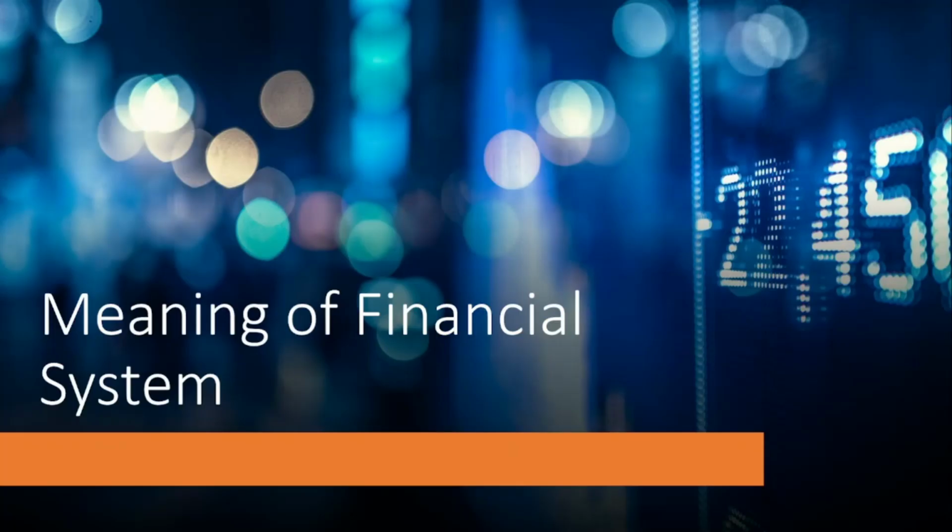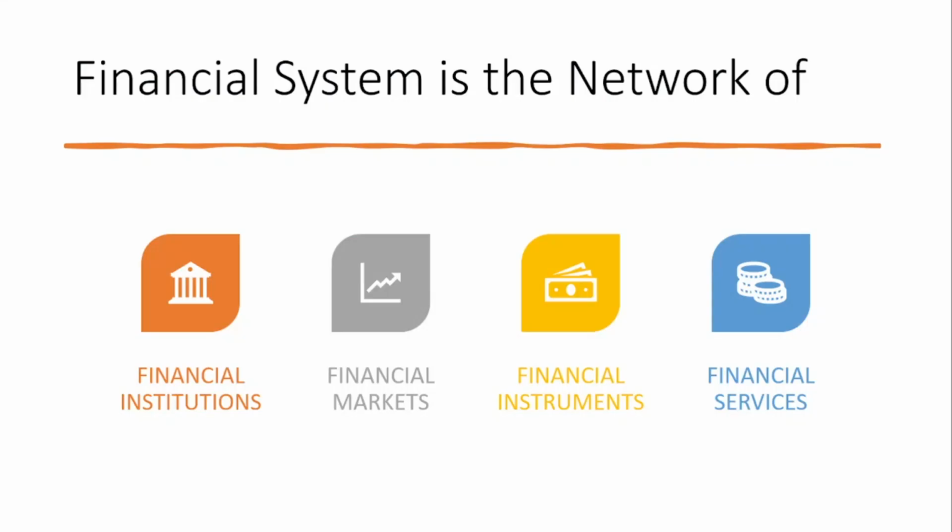Now, first let us look into the meaning of financial system. Financial system is a network, or the mixture of financial institutions, financial markets, financial instruments, and financial services.